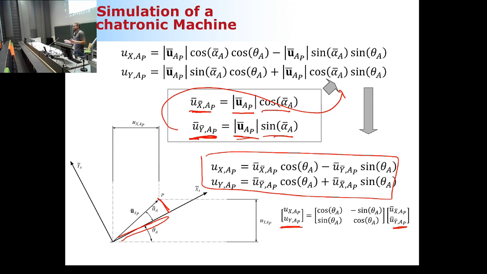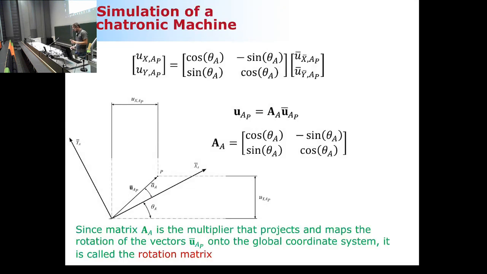The map is introduced by this 2x2 matrix, which is called the rotation matrix. It is the magic thing for us. It is the one that moves the representation from one coordinate system to another coordinate system. This, by the way, is an orthogonal matrix. It's a 2x2 orthogonal matrix, meaning that the vectors formed from these columns are perpendicular to each other.